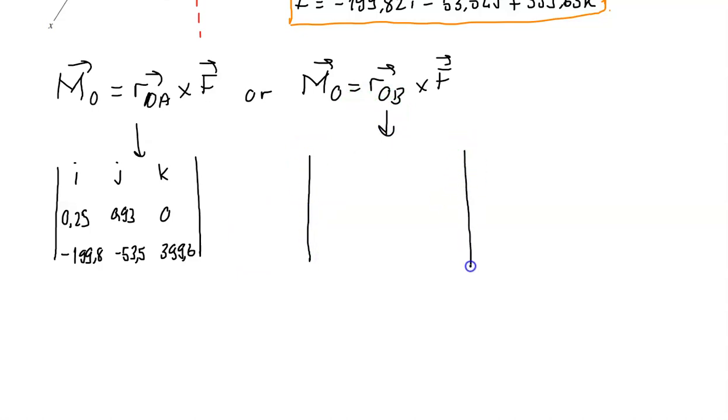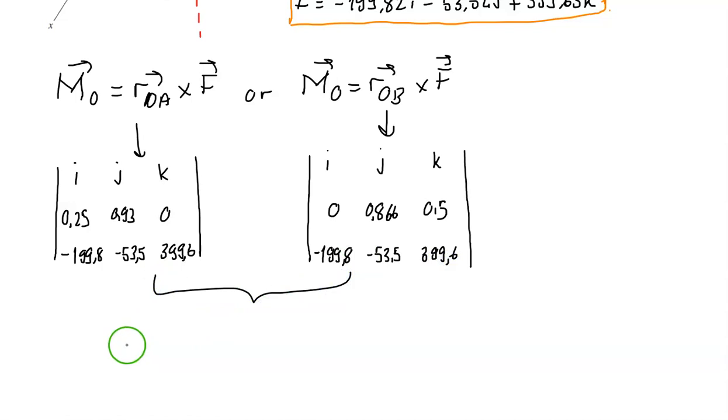Again, this can be calculated by the determinant of a matrix, and the elements of that matrix will be IJK, 0, 0.866, and 0.5, and for the force I'm going to have minus 199.8, minus 53.5 and 399.6. Both of these will yield the same result.